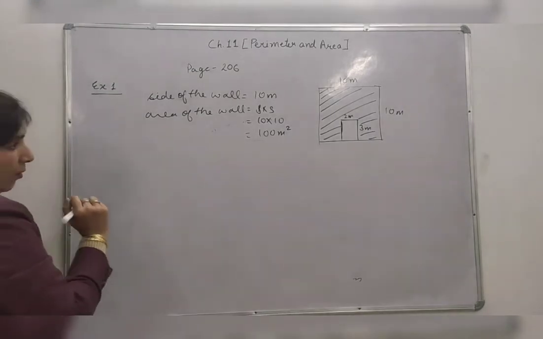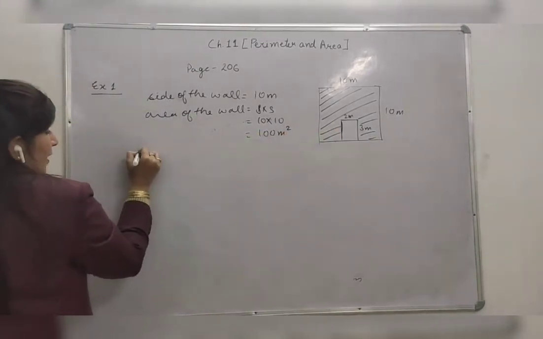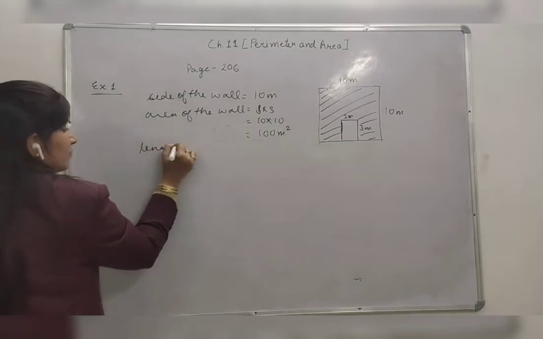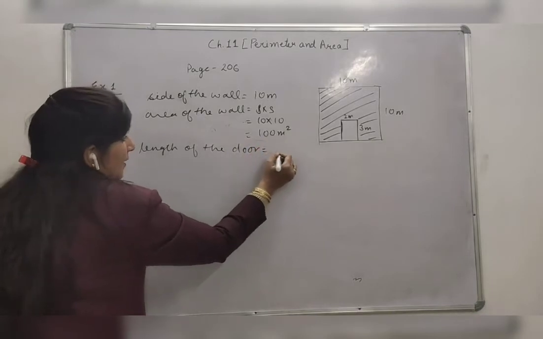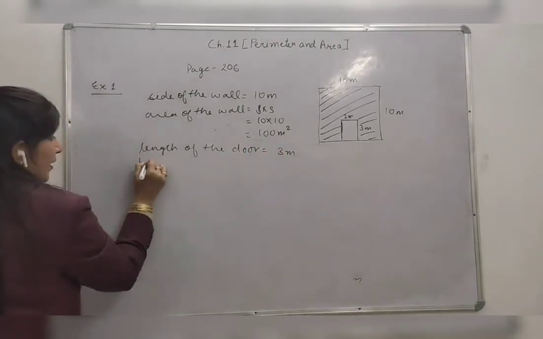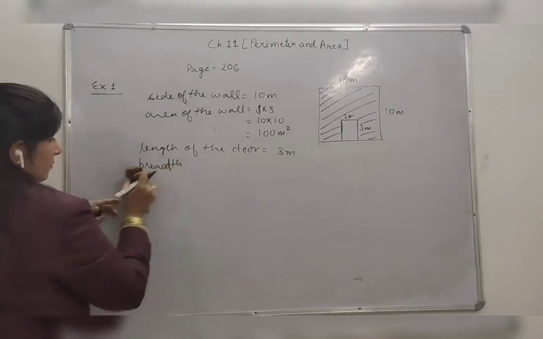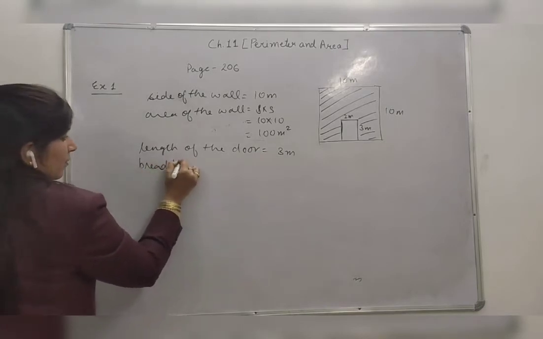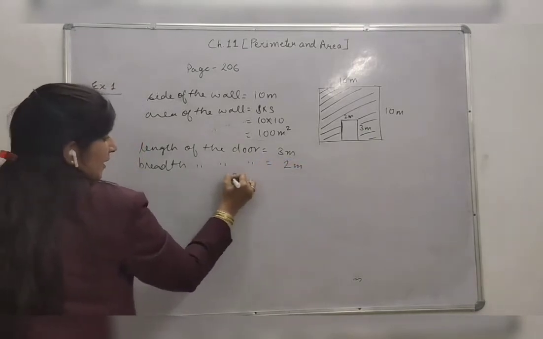Fine. Now we need to find the area of the door. So for that, what is the length of the door? It is given 3 meter, and the breadth of the door given to us is 2 meter. So what is the area?